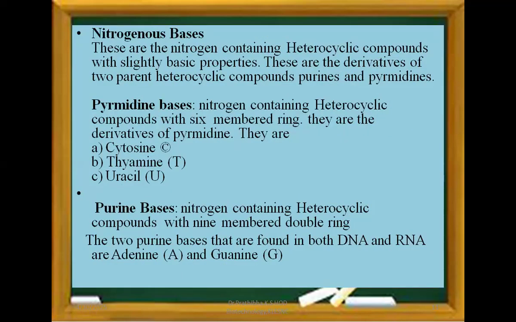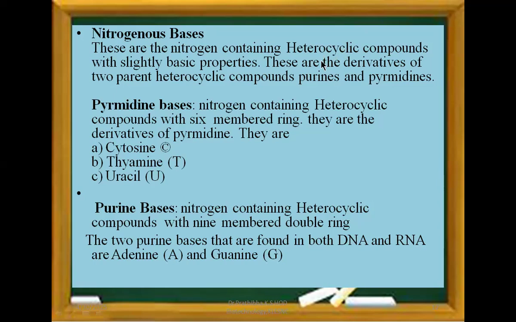The second component of the nucleic acid is nitrogenous bases. These are nitrogen-containing heterocyclic compounds with slightly basic properties. As the name suggests, nitrogenous bases mean that other than carbon atoms, nitrogen atoms will be there. Why do we call them heterocyclic?